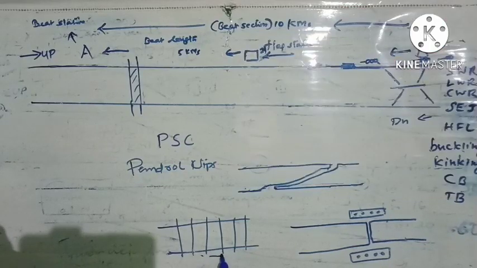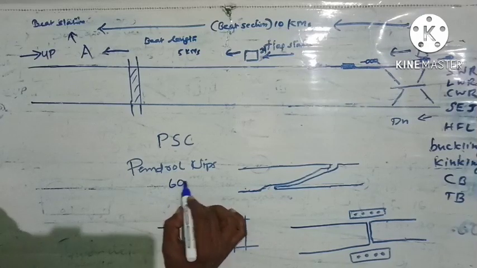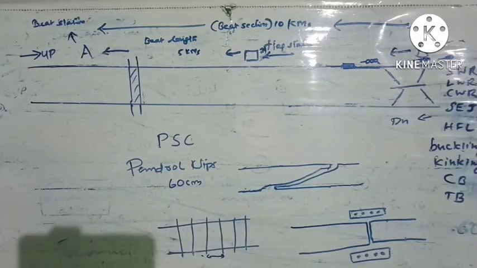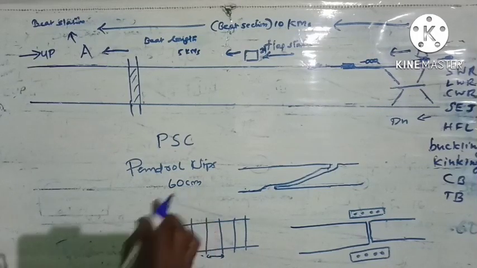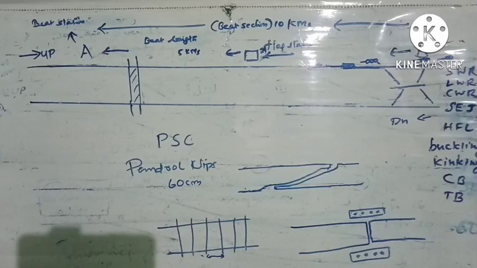The distance between two sleepers will normally be 60 centimeters. That is, from the middle of one sleeper to the middle of the next sleeper, the distance will be 60 centimeters. So plainly speaking, this is what the track will be.